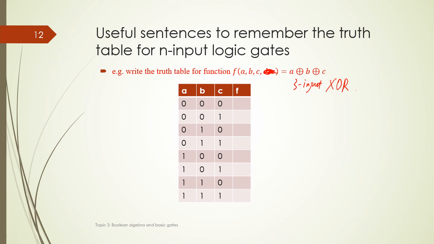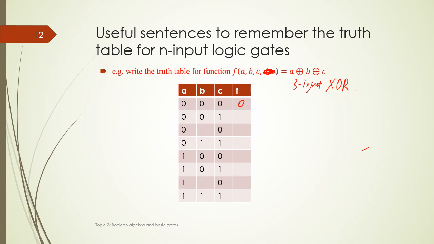So if we recall the sentence, for 3 input XOR, we need to check the number of ones in the input combination. If it's an even number, we put a 0. If it's odd, we put a 1. So let's count. There's no ones here. 0 ones, which we just take as even. So we put a 0 here.